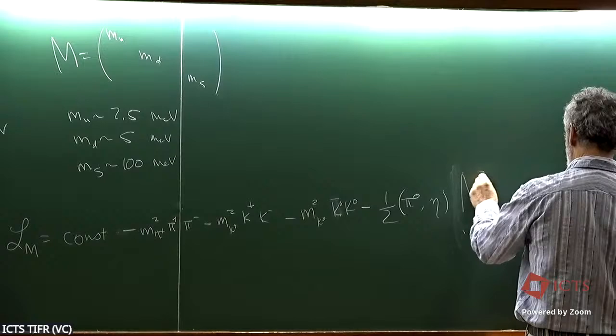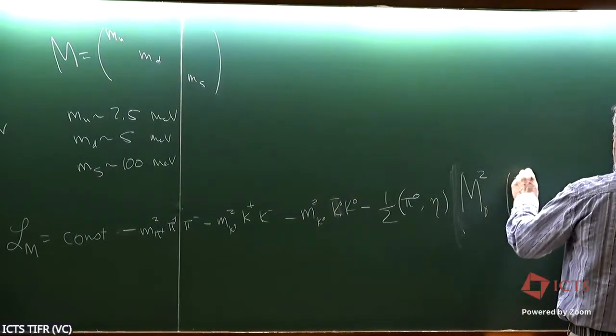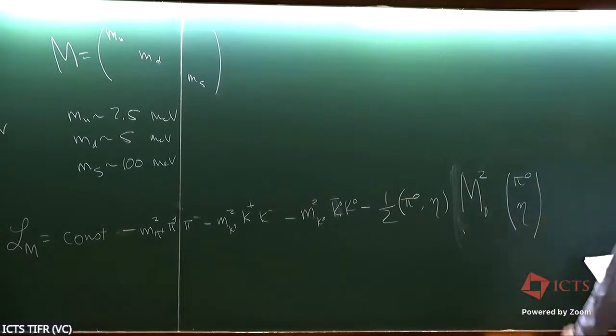And there'll be a 2x2 matrix I'll call M0 squared, sandwiched between these two neutral mesons.